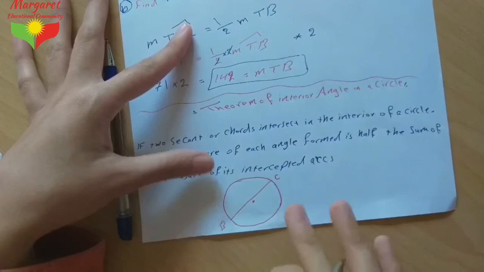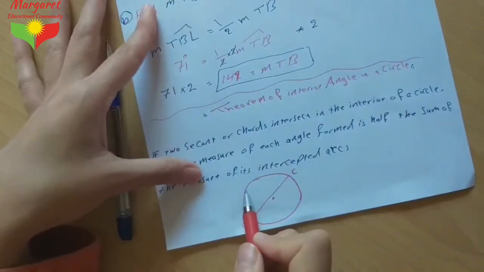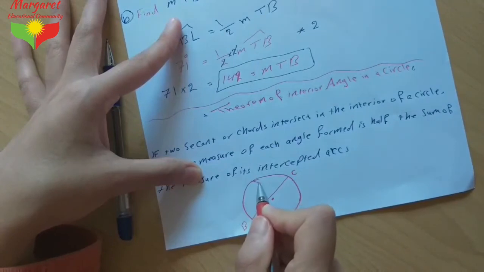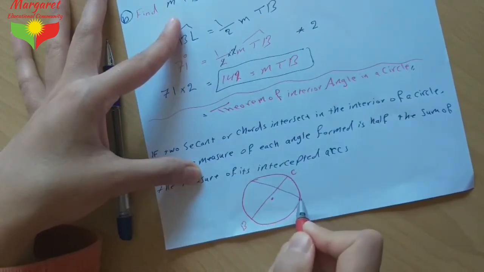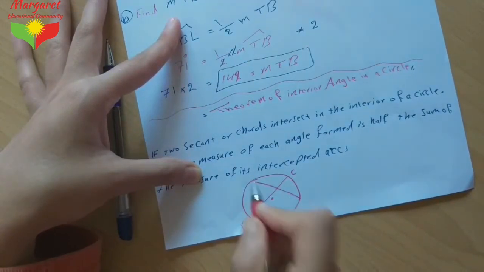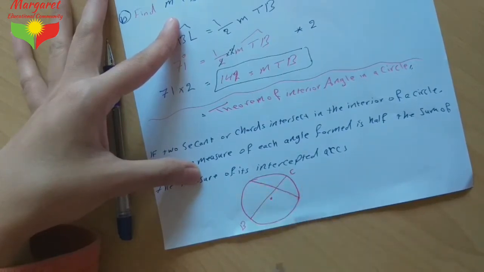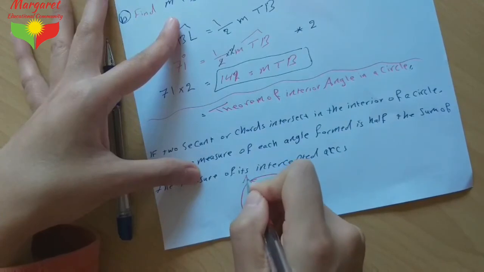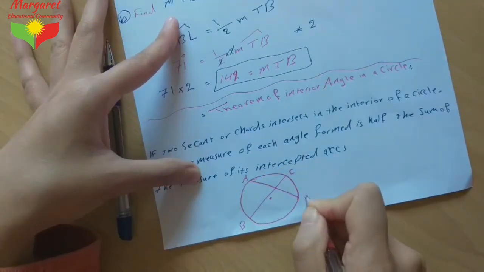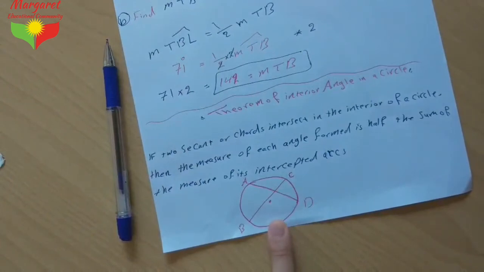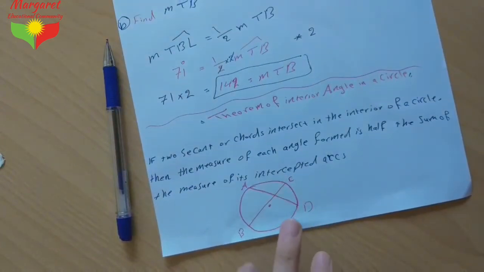And we have another secant or chord that intersects the circle at the points, for example, A and D. Okay? So in the circle, two secants or two chords intersect in the interior of the circle.